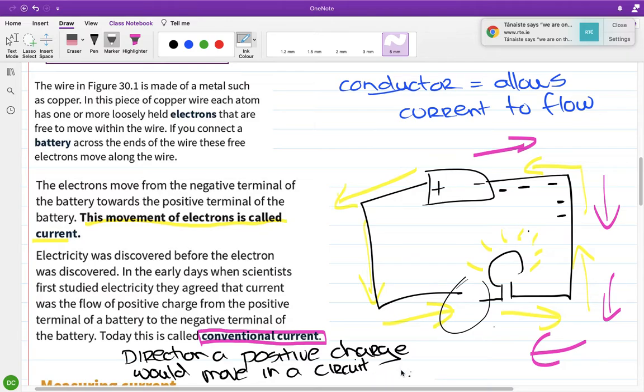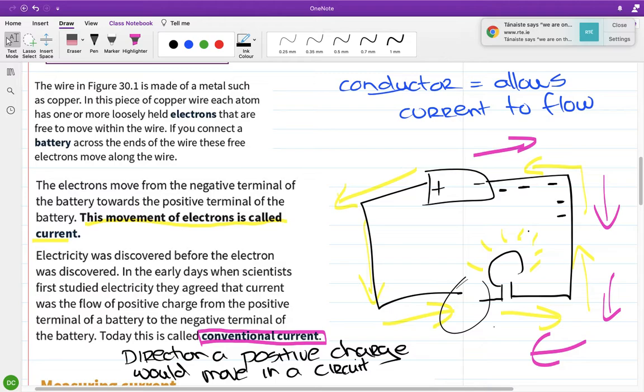Sorry, I'm just going to get rid of this. So it wasn't the positive charge that was moving, it was a negative charge that was moving, but at the time they didn't know that, so they just guessed and they went with a positive charge, and they ended up being wrong. But we do still talk about conventional current, and a lot of definitions and a lot of calculations you do at Leaving Cert Physics would all be based around conventional current, which is the opposite of actual current.